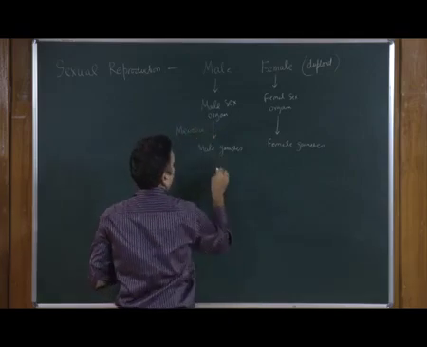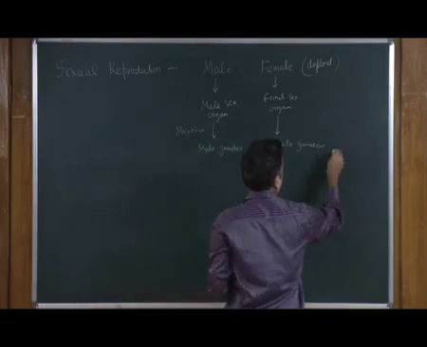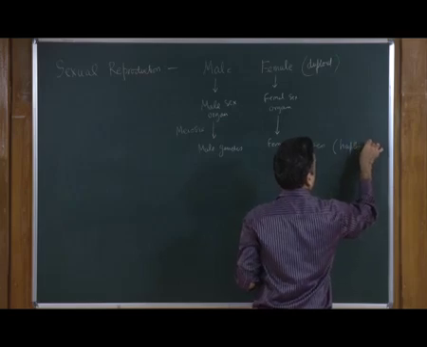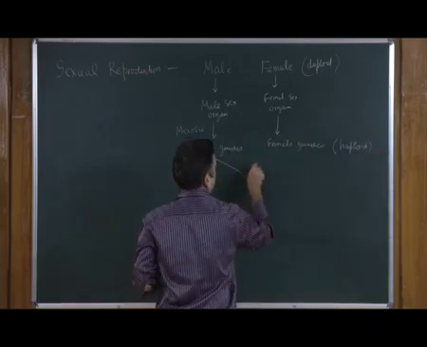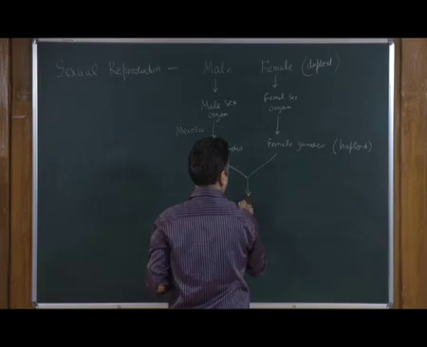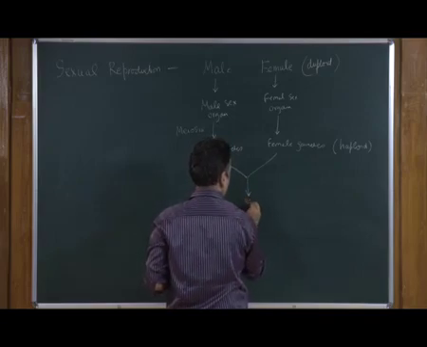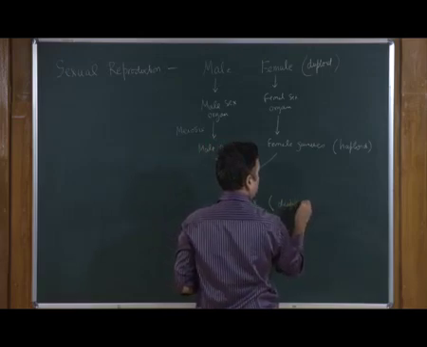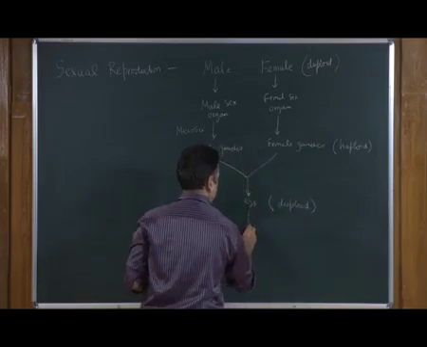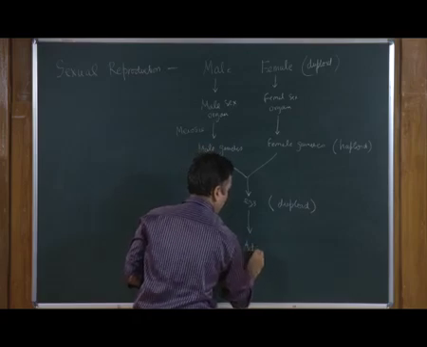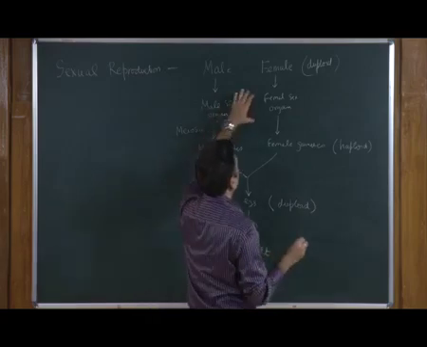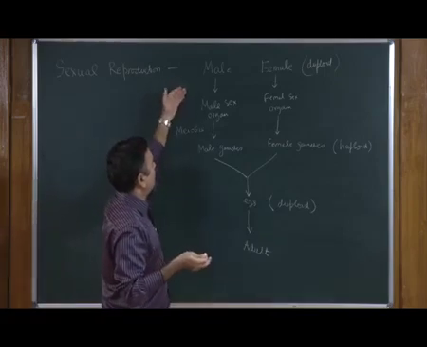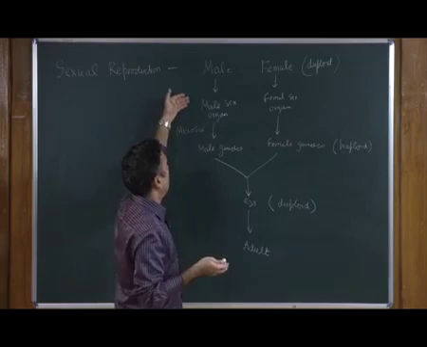Because of that the male gametes and the female gametes are haploid, and these two fuse to form the egg, and that is the diploid stage, and this egg develops into the adult.